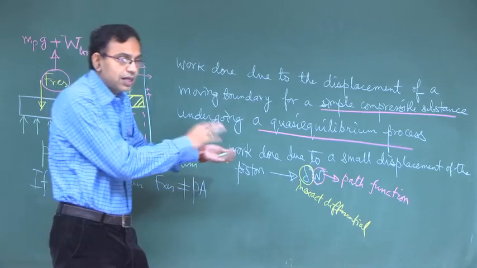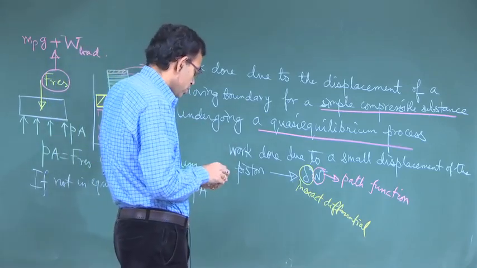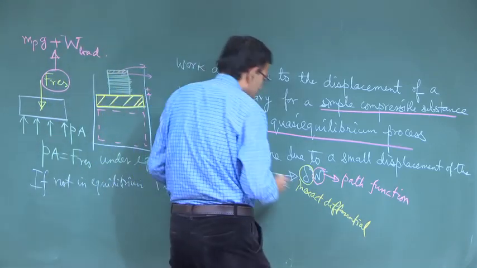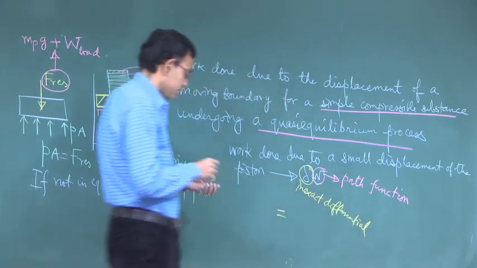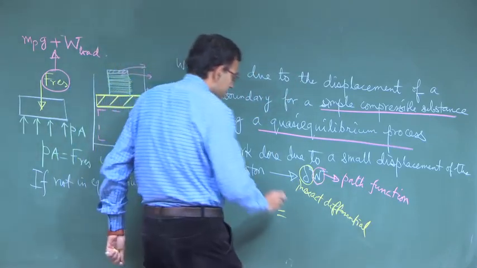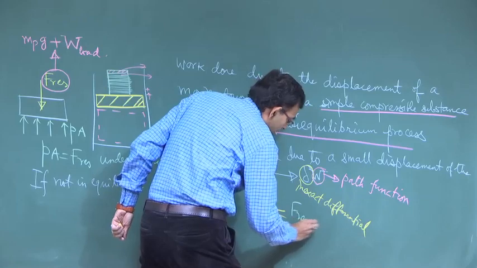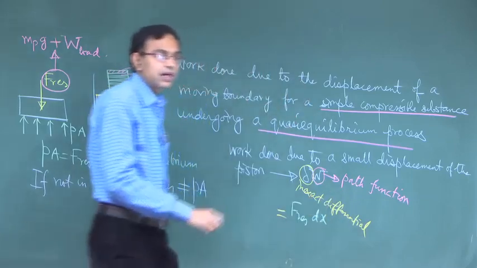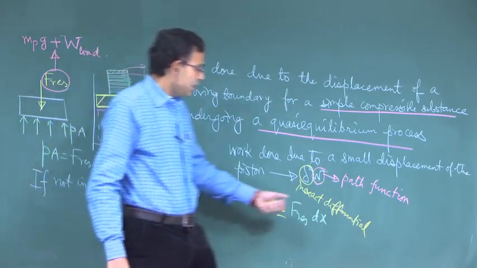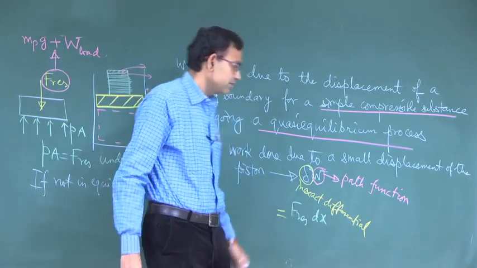How it depends, we will come into this in a moment. So, this is equal to F resistance into dx. This is consistent with the definition of work, because if there is no resistance, there is no work done.